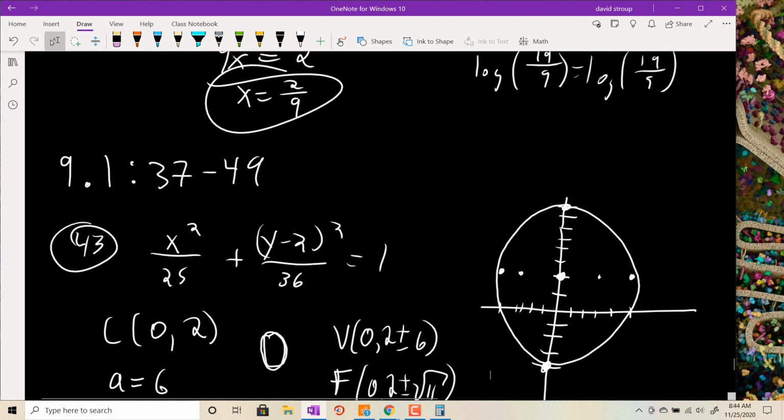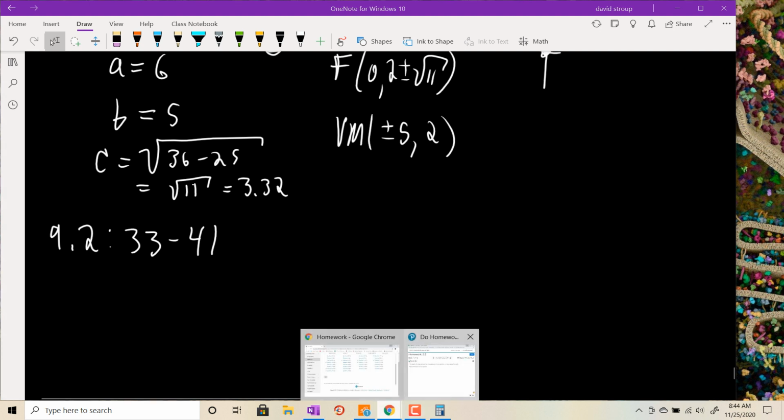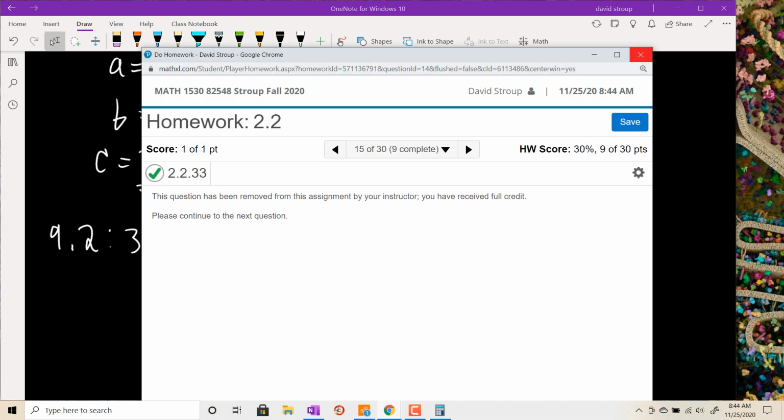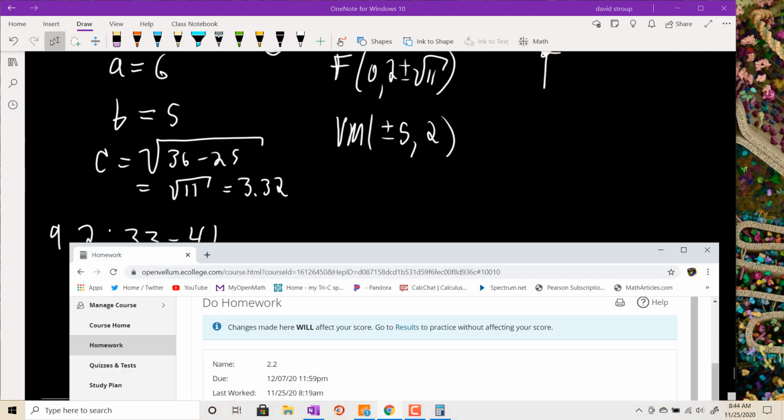So being able to graph those, 9.2, then I need you to be able to graph hyperbolas, just simple hyperbola problems, like 33 to 41. Let's go ahead and look online at my MyMathLab and see what they're tasking us with in this very important section. So 9.2.